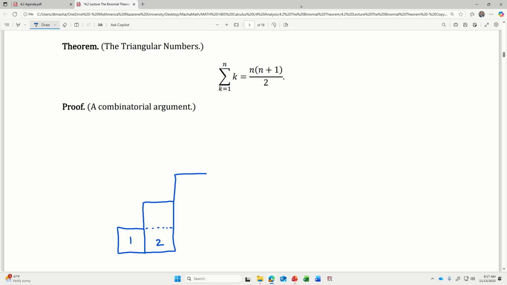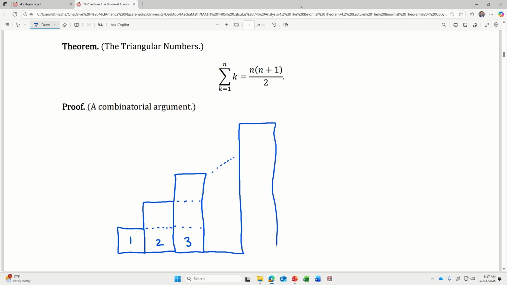And the area of this rectangle is 3. Okay, and so imagine we keep doing this for a while. We make as many rectangles as we want. And then after some time, we reach our top rectangle, and it has area n.